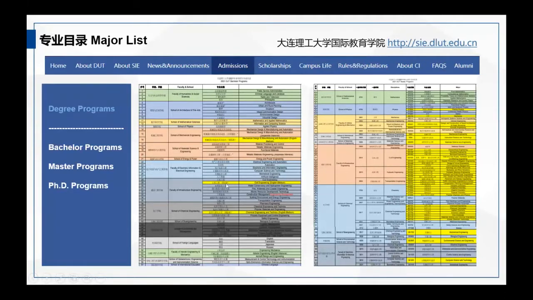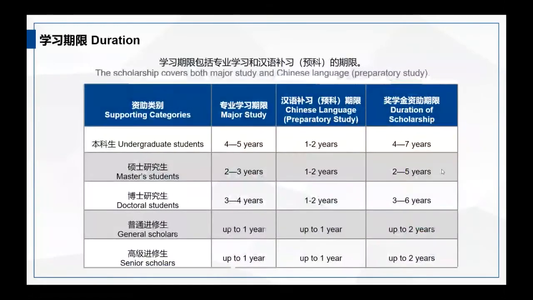The majors in yellow could be taught in both Chinese and English, while the others could only be taught in Chinese. Our university has outstanding disciplines in science and engineering area, and coordinates other disciplines like economics, management, humanities, philosophy, and art. If you would like to know more about it, please contact us by email after the information session. Now let's move on to the study duration.